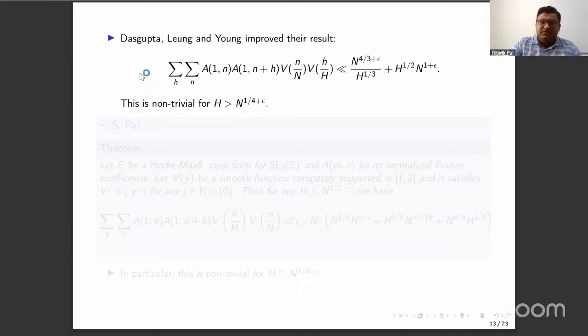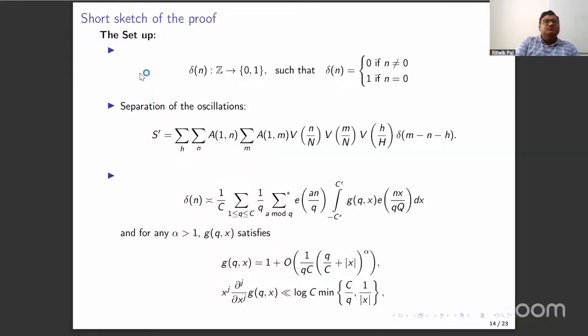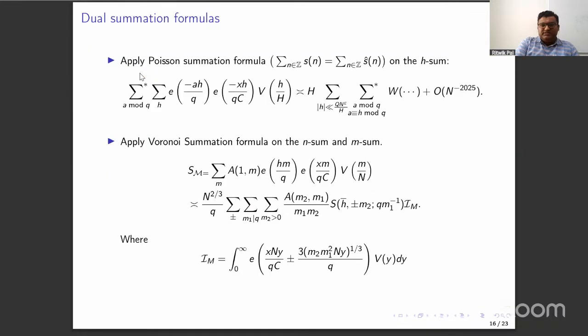I just want to mention, whoever asked about the Voronoi summation formula: the Voronoi summation formula for GL2 and GL3 is a bit different. What I have written here is the Voronoi summation formula for GL3 L-functions. For GL2, it's a bit different, and there are a few different versions of the GL2 Voronoi summation formula, where one is a modification of another.